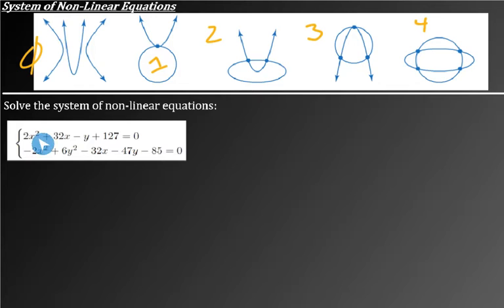So, if I take this first equation and look at it combined with this one, if you're going to do elimination, you need to try to get rid of all the x's or all the y's, right?